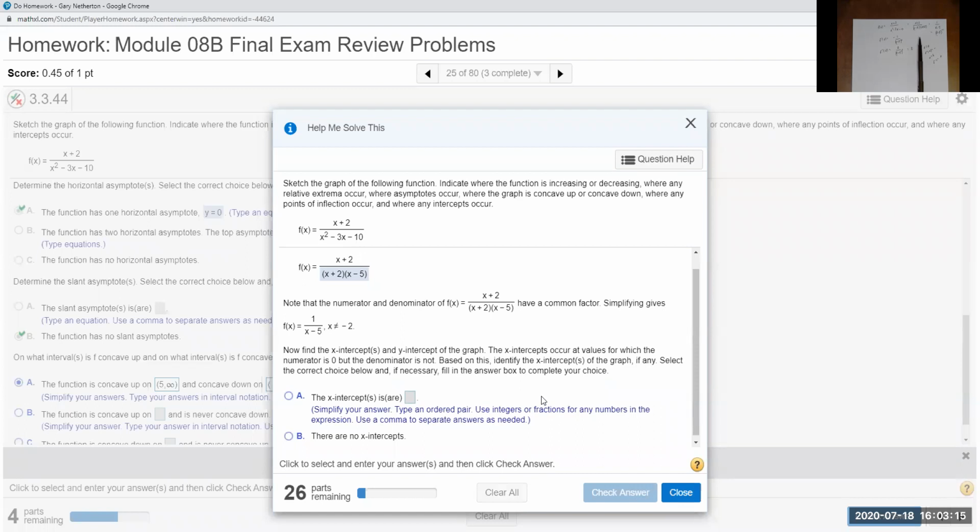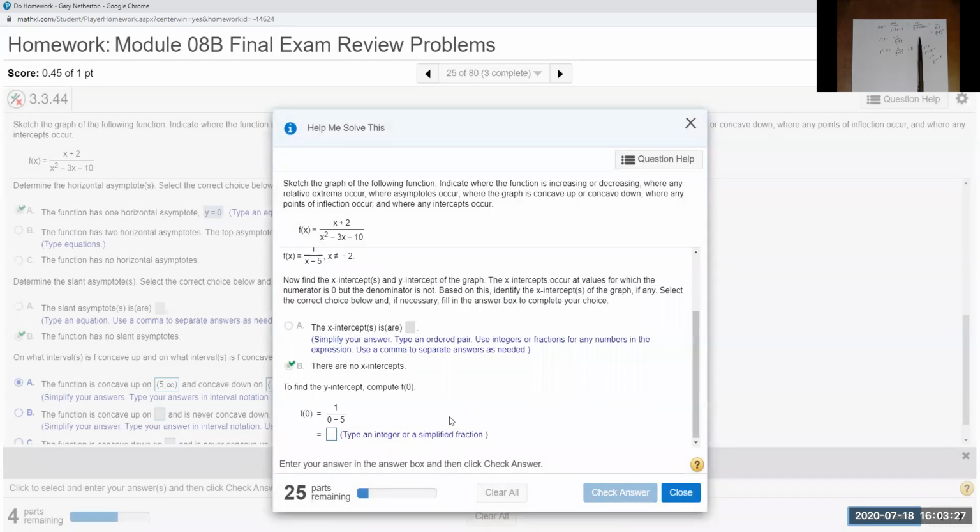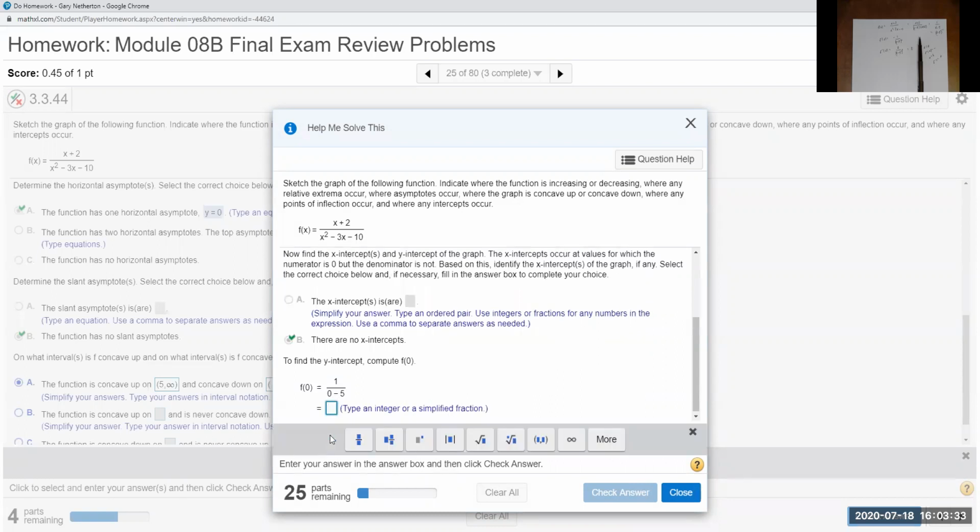X-intercepts, we said, oh, since x cannot be -2, there's no x-intercept, which is what we said. And the y-intercept was -1/5, which is what we said.